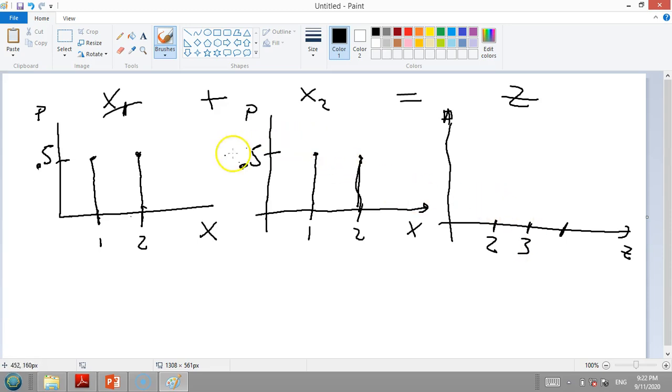And lastly, the maximum that z can be is 4, because x1 can be 2 and x2 can be 2. So 2 plus 2 is 4, like this.